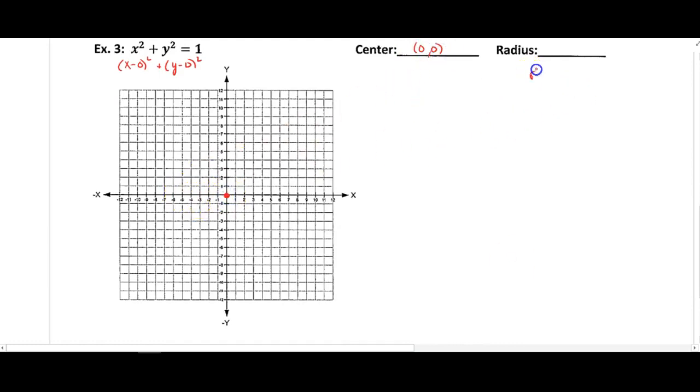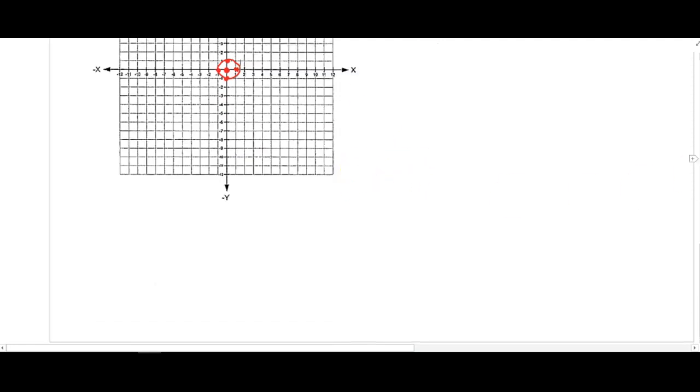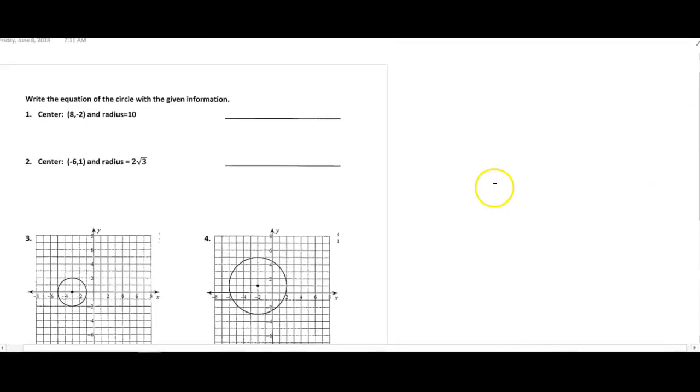And again, if our radius squared is 1, the radius is the square root of 1, which is 1. So we would go up 1, right 1, down 1, left 1, and we can go ahead and sketch our circle. Okay?